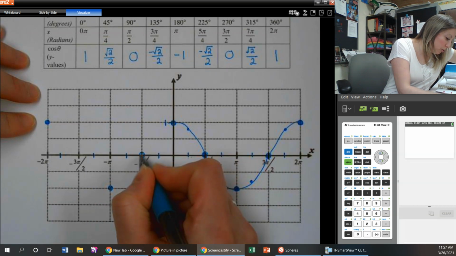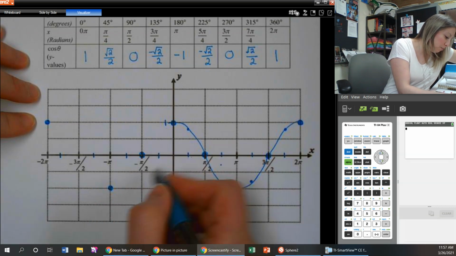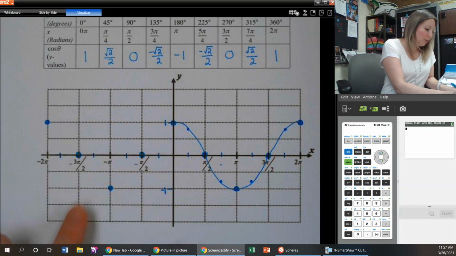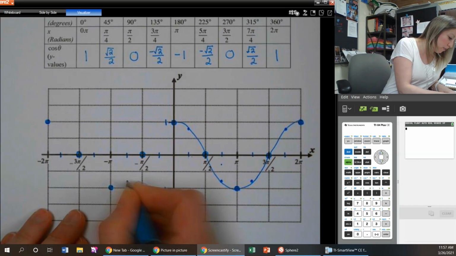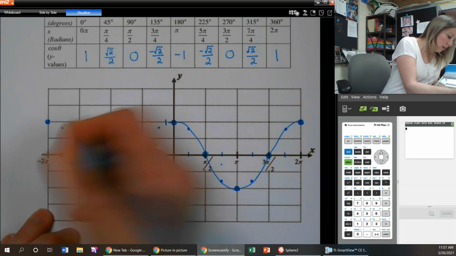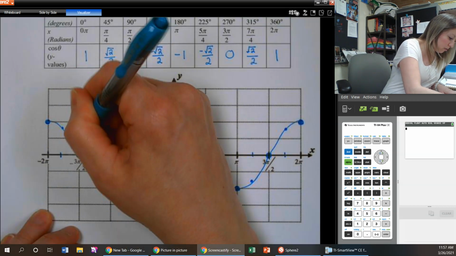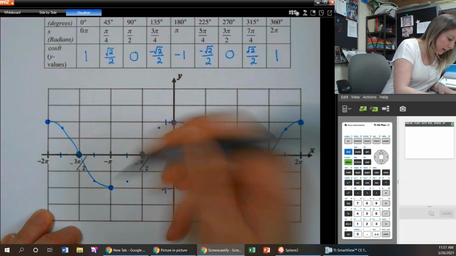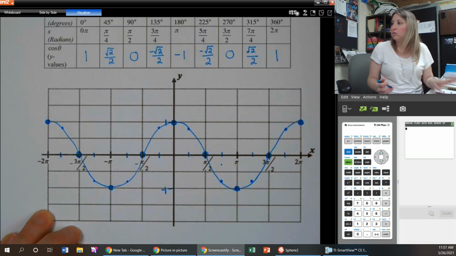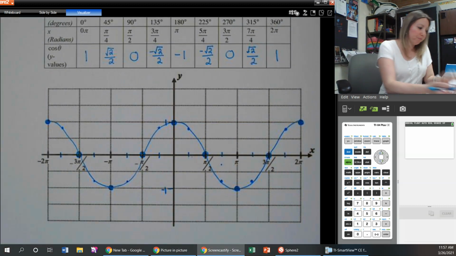And pi over 2 and negative pi over 2 and -3 pi over 2 are still your zeros. And so then it makes it pretty easy to figure out your radical 2 over 2s and connect, curved. So it does look kind of like a cup or a chalice if you think of it that way.